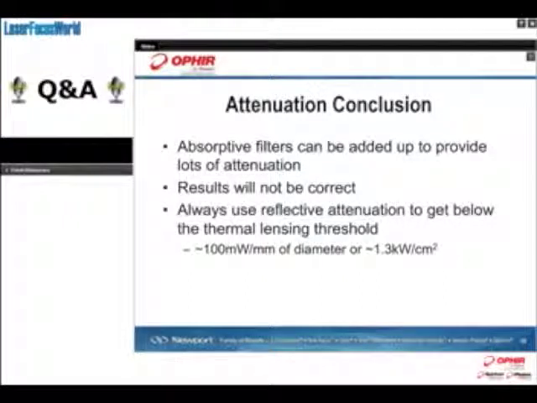Yes, indeed. A lot of these specific applications are covered in various tutorials and application notes that are available on the Ophir website, which is www.ophiropt.com.